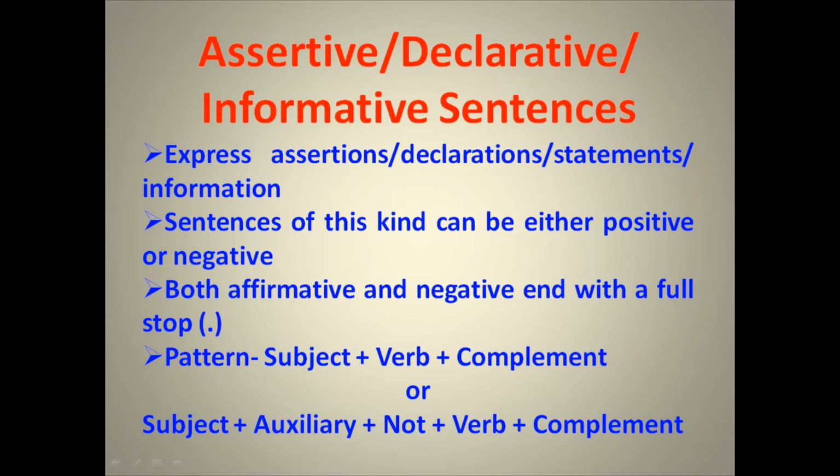Keep in mind, which is very, very important: for making a negative sentence, we have to add not with the auxiliary verb, or sometimes if there is a modal, we add not with the modal.